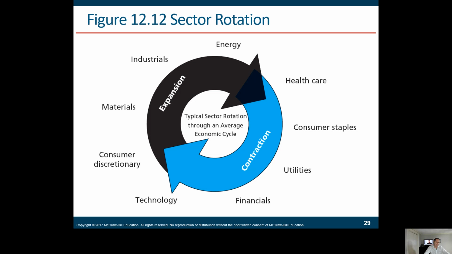Inside consumer discretionary, I would say that's the broadest category. Some sample names: Sony, Amazon, home builders, The Gap, Home Depot. It's very broad. Anything that consumers willingly spend their money on.